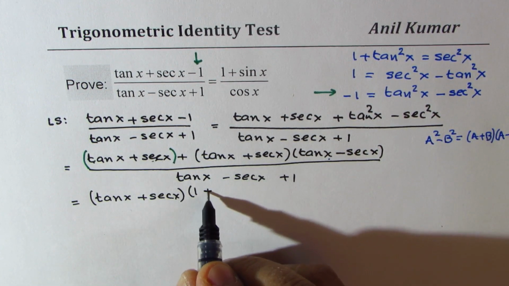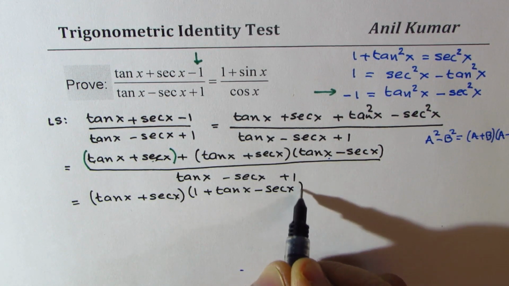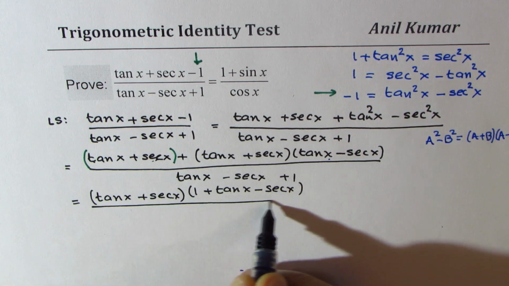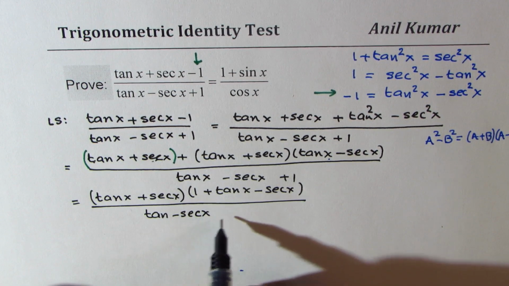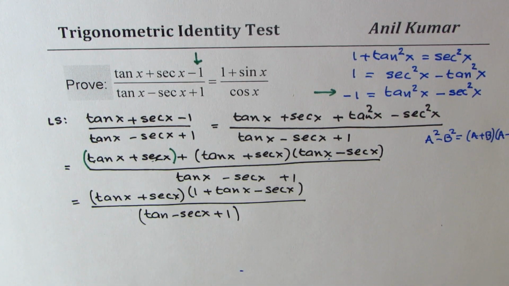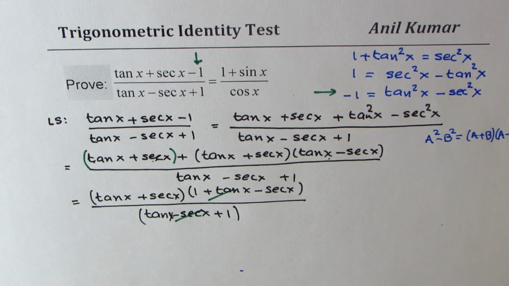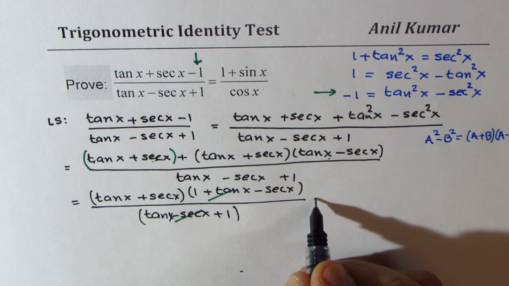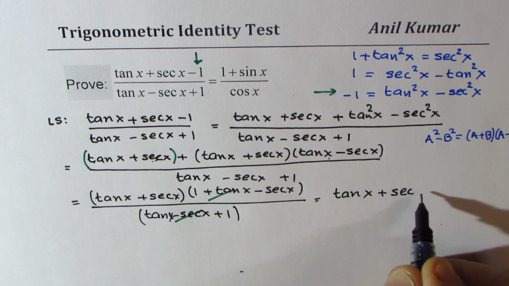We are left with 1 plus tan x minus secant x, divided by tan x minus secant x plus 1. As you can now see, the denominator, tan x minus secant x plus 1, cancels with the second factor. Perfect. So what you get here is a simplified term, tan x plus secant x.